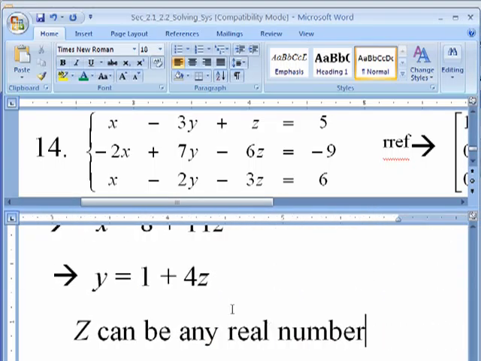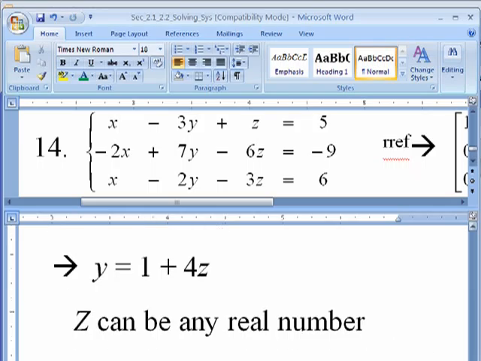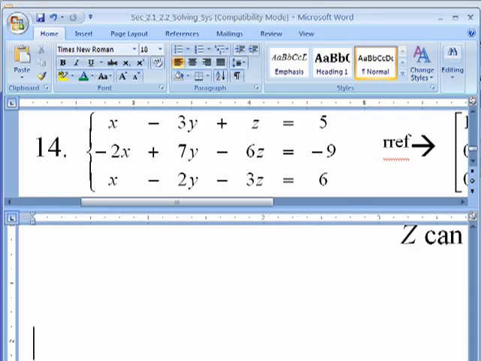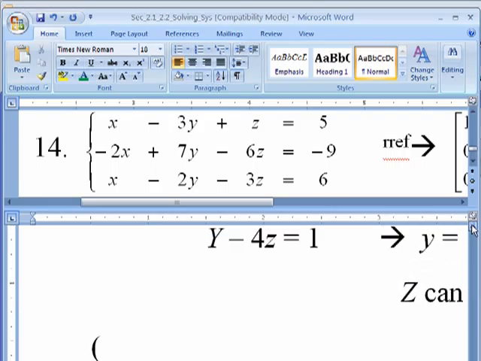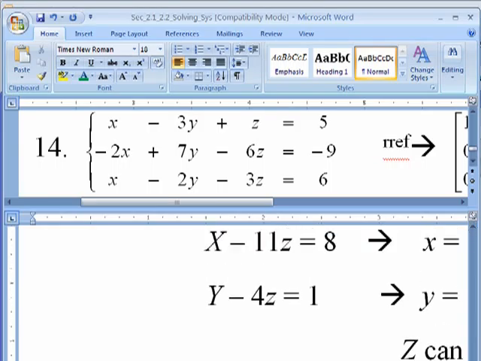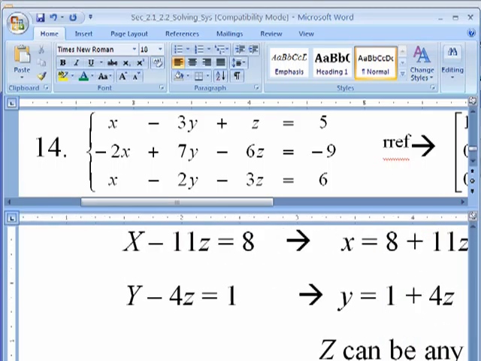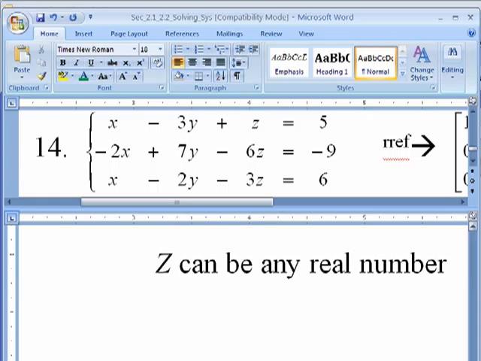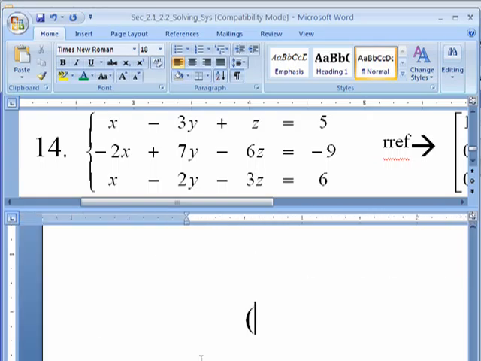Okay, and so if you write the solution in terms of a point, which sometimes MyMathLab asks you to do, remember we normally put them in alphabetical order, so x, y, z. So the first thing in parentheses would be 8 plus 11z.